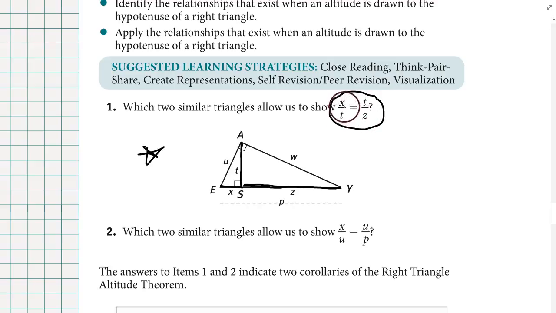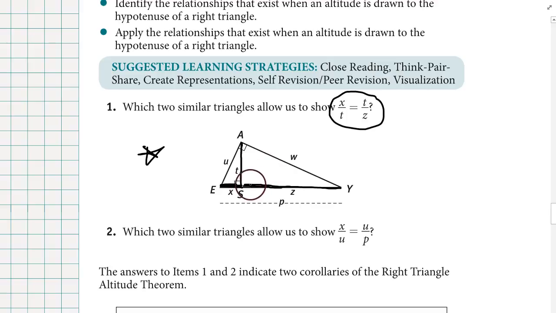Think about what these things are. X is this length right here. It's the shortest side of the small triangle, or another way to think of it, it is the small piece of the hypotenuse of the original large triangle. What's t? T is the altitude that was drawn in there. What's z?